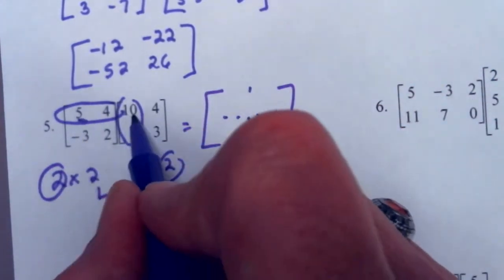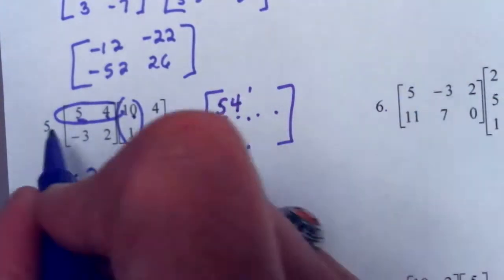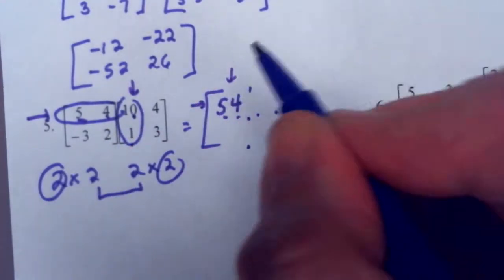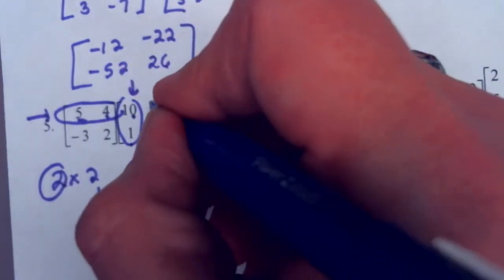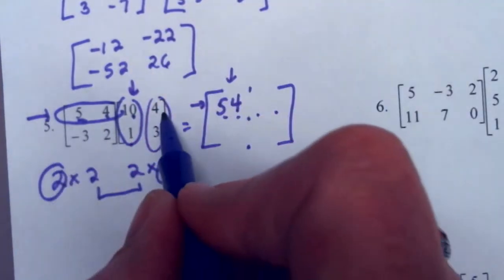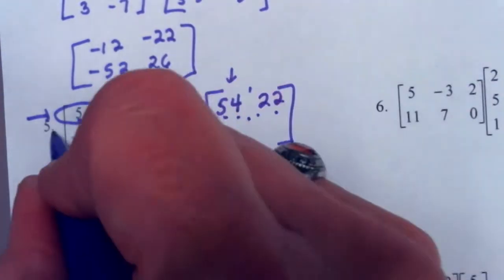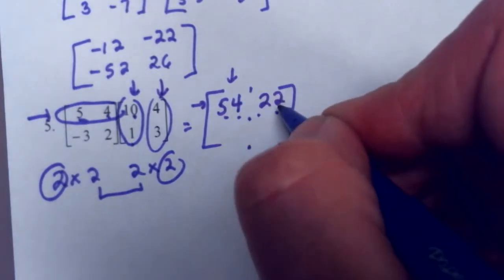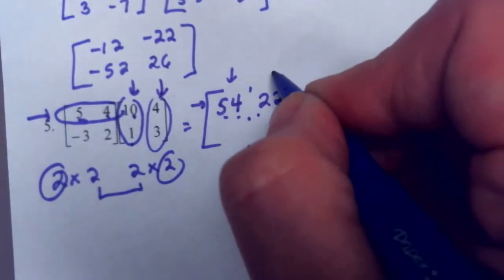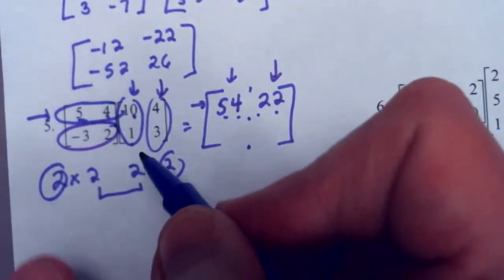So 5 times 10 is 50, 4 times 1 is 4, 50 plus 4 is 54. First row, first column, so in the result it goes in the first row, first column. Then we can take the first row and multiply it by the second column. 5 times 4 is 20, 4 times 3 is 12, 20 plus 12 is 22. Since that was combining the first row and the second column, it goes in the first row and second column.